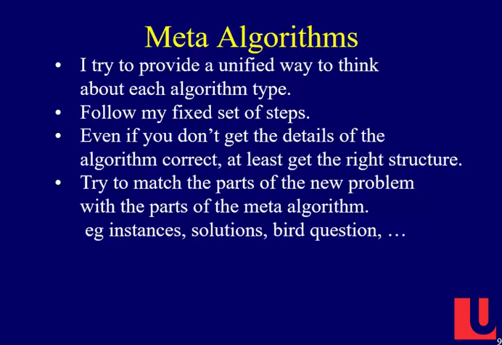What is an input hook? What is a solution hook? What is the cost of a solution, the validity of a solution? What do I ask the bird hook? What do I ask the friend hook? These are various hooks. You should know what the hooks are, and you should be going through yourself saying, for this question, what are those various hooks? What do I fill in into those hooks?